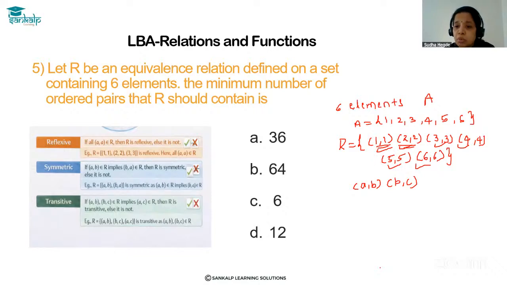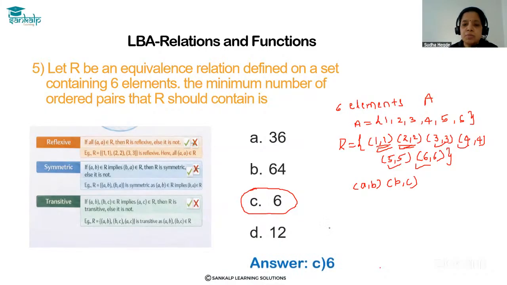So if you have 6 elements in the set A, for the relation to be an equivalence relation, you should have a minimum of 6 elements. So check the options. Option C, 6, is the correct answer. So the final answer is option C, 6. Okay, thank you.